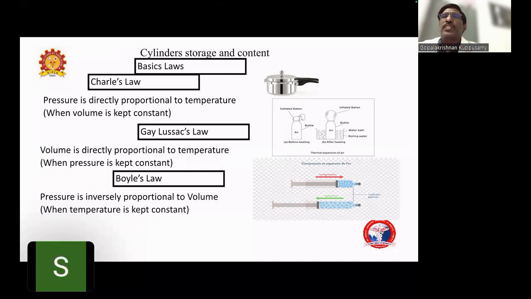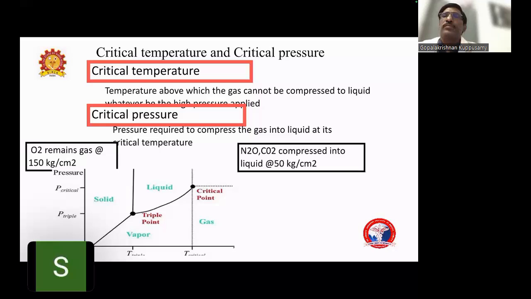The third law says pressure is inversely proportional to the volume when temperature is kept constant. Take a syringe and the piston.